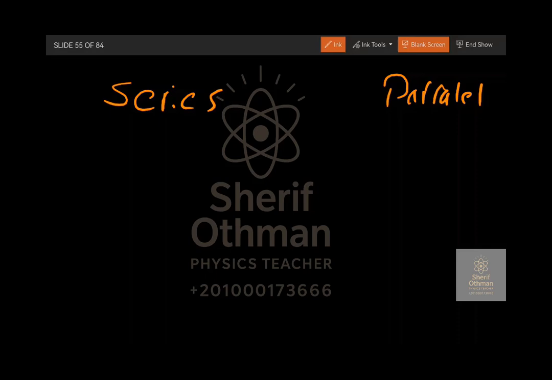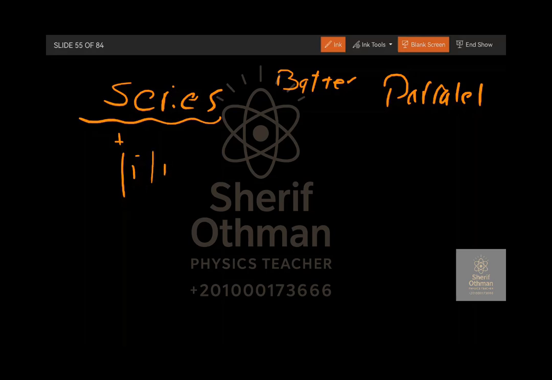Series connection, that means the components follow each other. If I'm talking about battery, I have one cell, this one is positive and this side is negative. So I'm going to connect another one and another one in the shape of series, following each other, and insert them into the circuit.